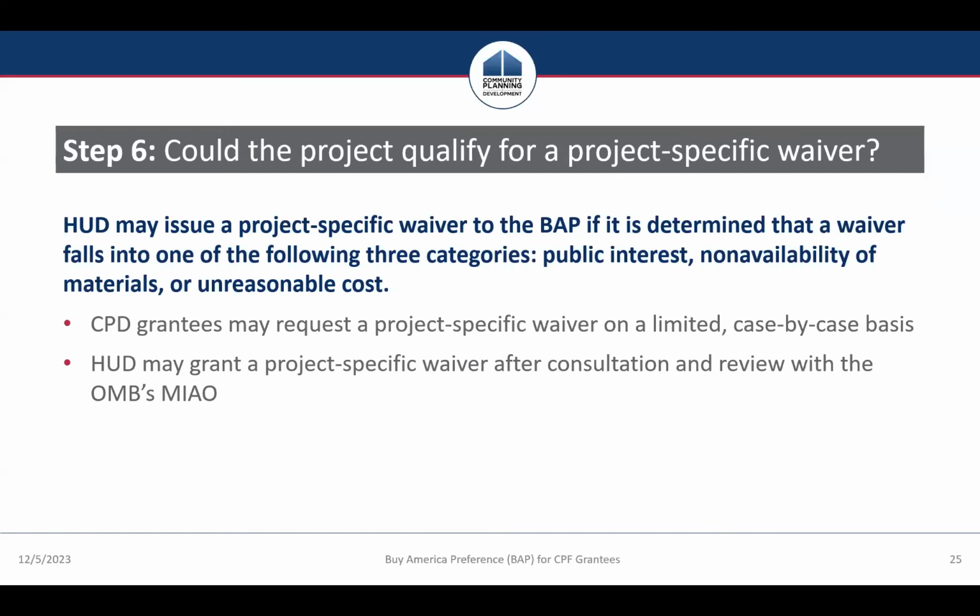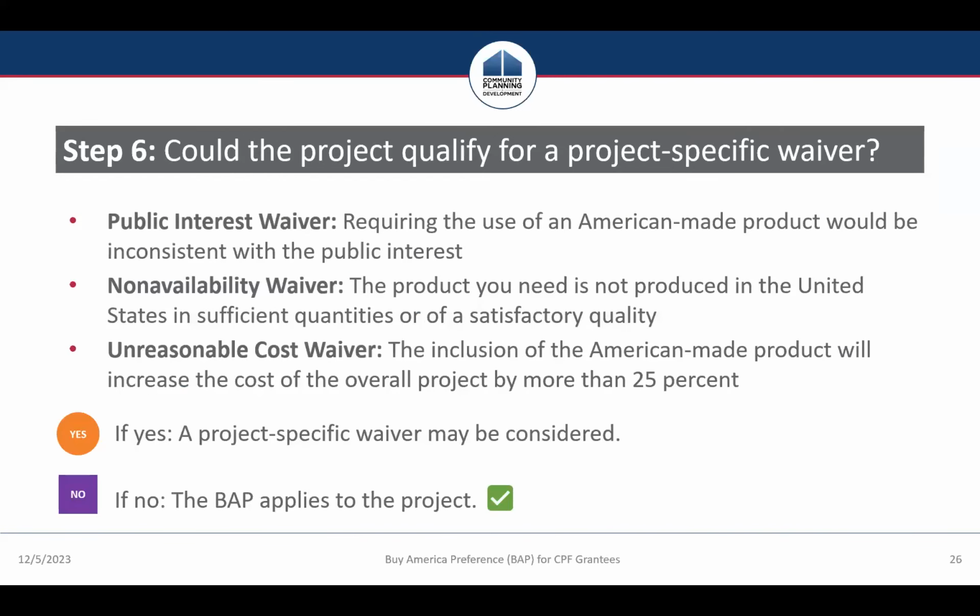So moving forward, if a general waiver isn't available, could the project qualify for a project-specific waiver? Project-specific waivers are organized into 3 different categories. The public interest waiver, if the use of the American-made product would be inconsistent with public interest.